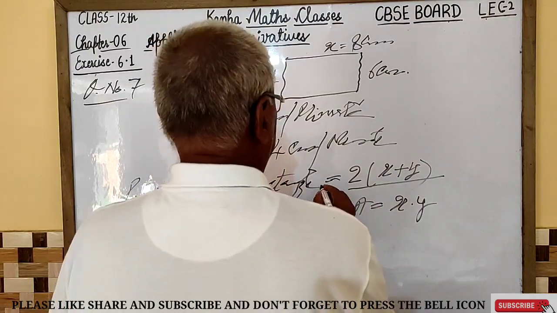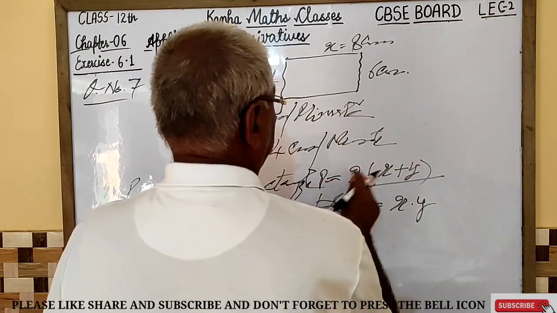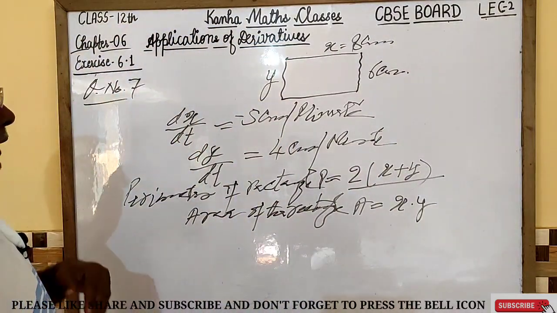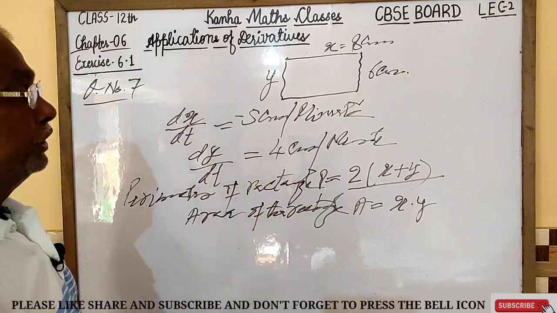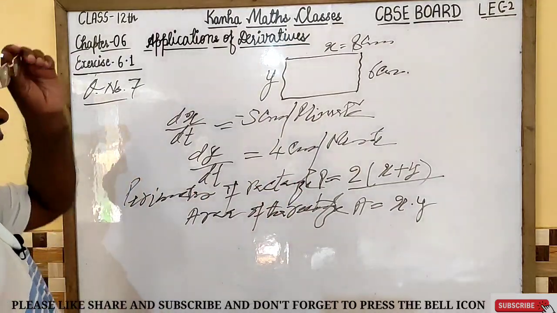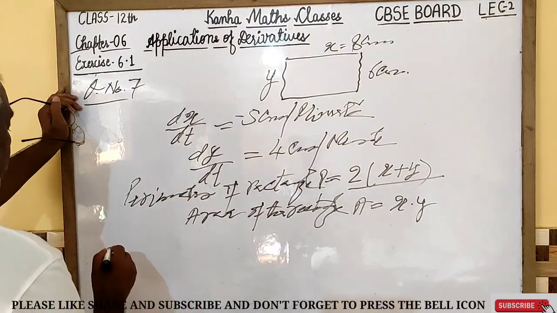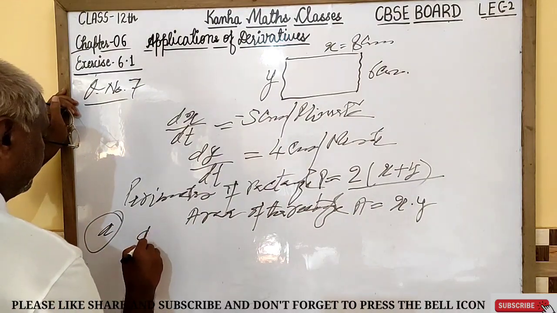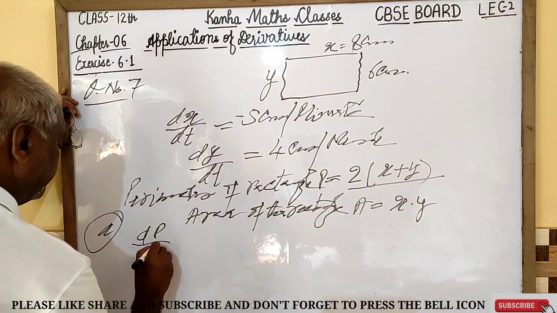You may assume the perimeter as P. So first of all, we will find at what rate the perimeter is increasing or decreasing. Hence, we will first find dP by dt.